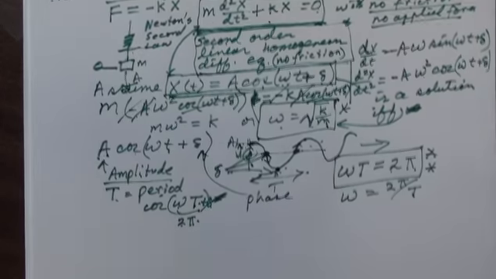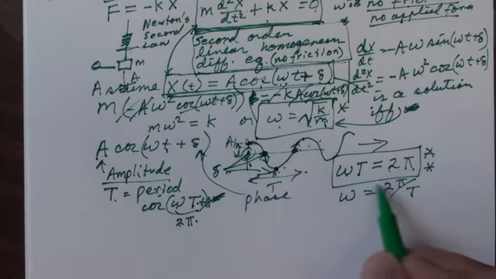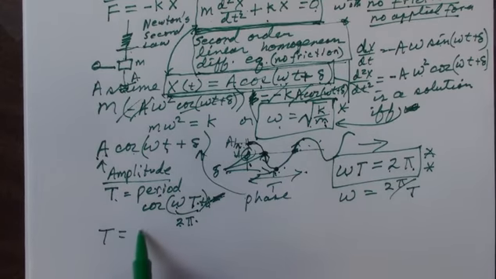Now, because of that, we can say, well, we know what the period is. The period is 2 pi over omega. So period is equal to 2 pi divided by omega. And the frequency, and this is an incredibly important equation, so don't forget it, the frequency is always the reciprocal of the period.